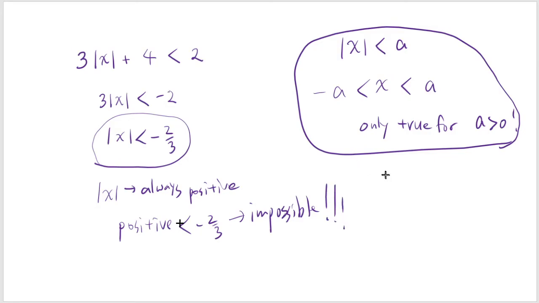Okay, that means no x satisfies the inequality. So the answer is a null set. If there's no solution, people write this null set, saying that there's no possible solution. Okay.